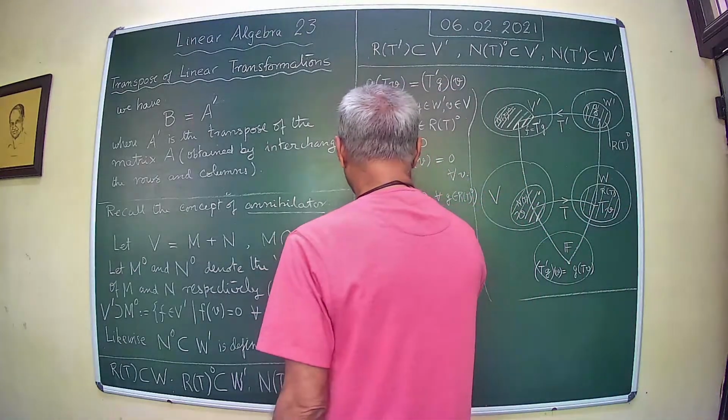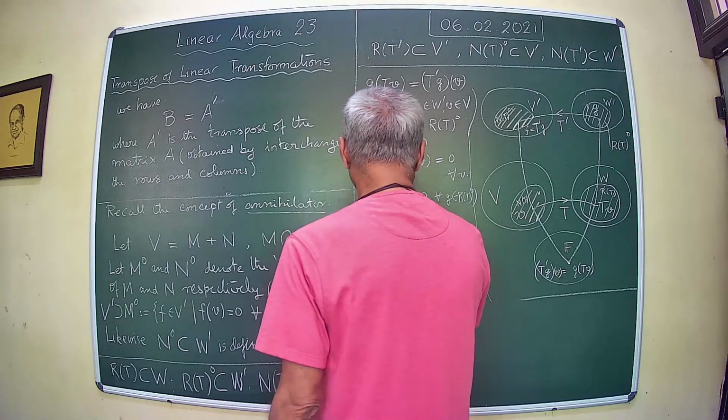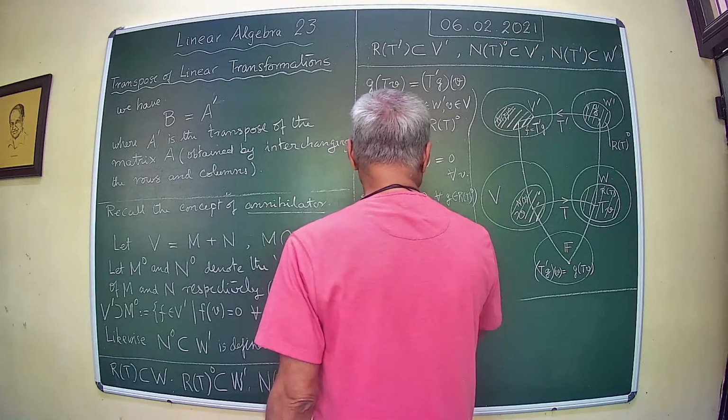Therefore, g belongs to the null space of T prime.